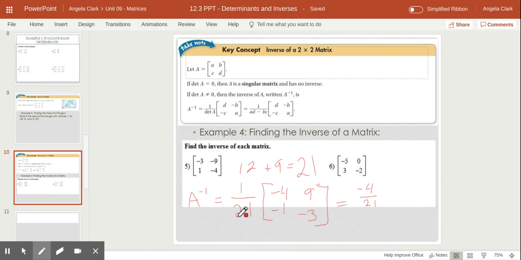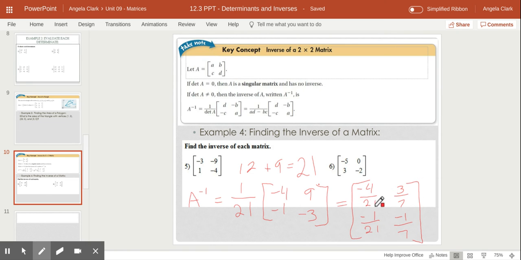So I get 3 over 7, which is not pretty, but there we go. Negative 1 obviously doesn't simplify, so I just get negative 1 over 21. And then with 3, again, they're both divisible by 3. So I get negative 1 over 7. This is my inverse here, as simplified as it gets.